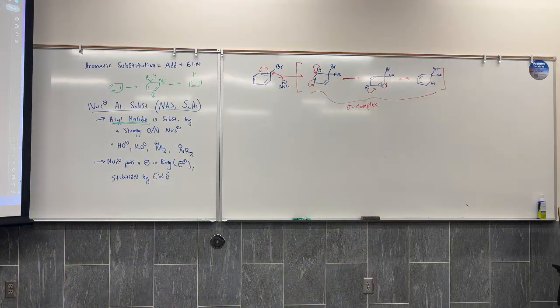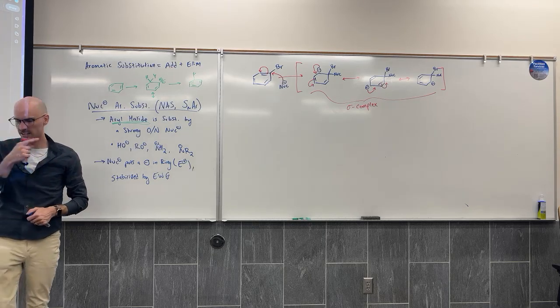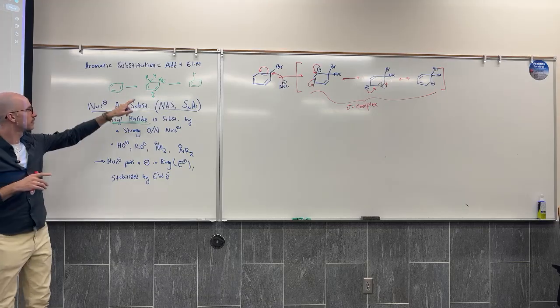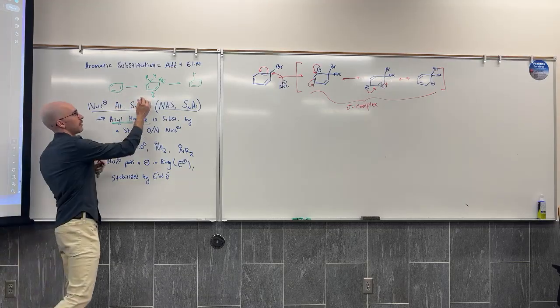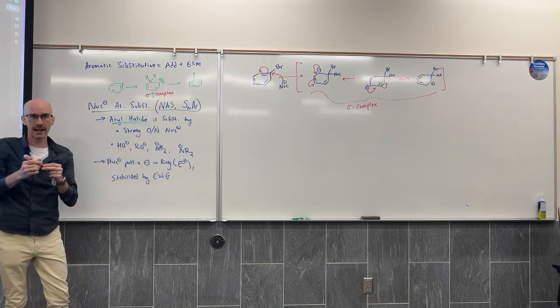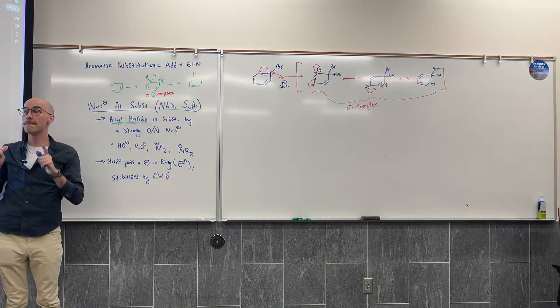I think the reason it's called the sigma complex is that all of the sigma bonds stay exactly in the same place. That's true of all resonance forms. So I'm not sure why they took that concept and applied it to this exactly. But this is our sigma complex, and it always has three resonance forms minimum.